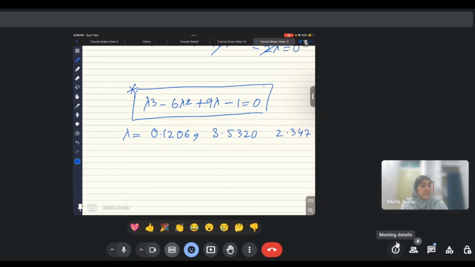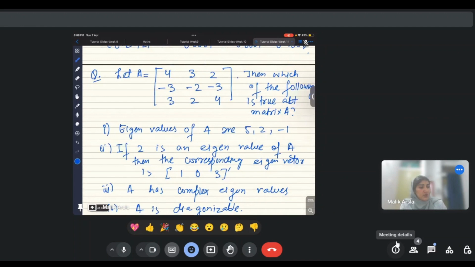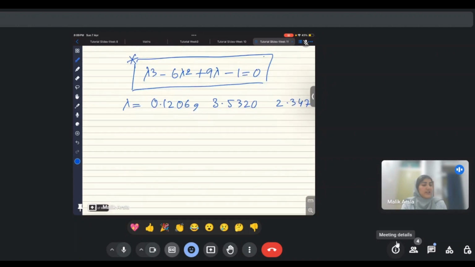Now from here you can see that options 1, 2 and 3 are gone, right? Now coming to the fourth option, A is diagonalizable. Since all the three eigenvalues are distinct, we know that it is diagonalizable. Why?